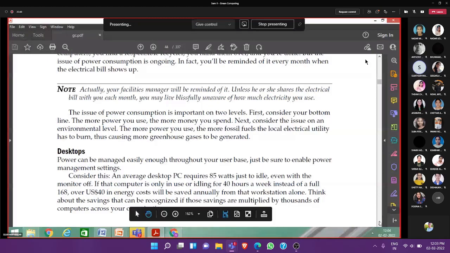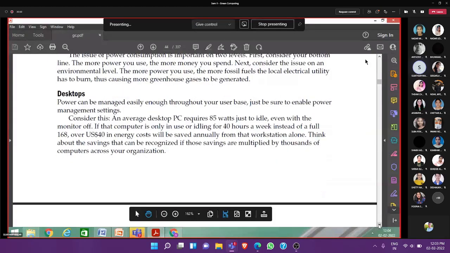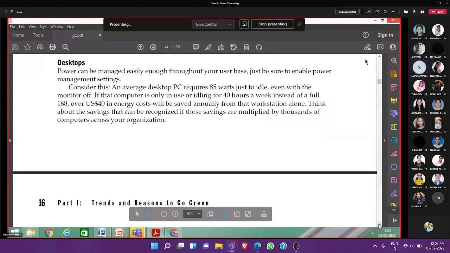be generated. Next one, desktop. Power can be managed easily enough throughout your user base. Just be sure to enable power management settings. An average desktop PC requires 85 watts just to idle. Okay, just to be idle. There is nothing in it, but for that, 85 watts, even with the monitor off.